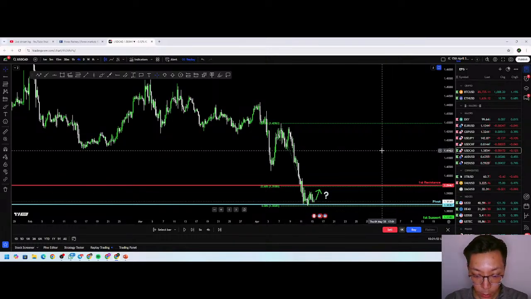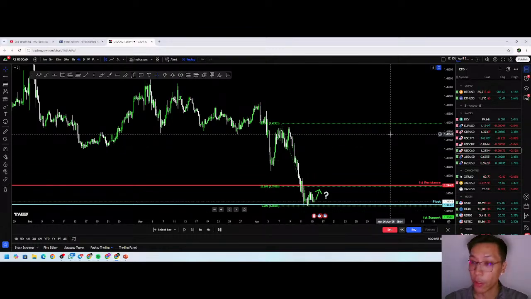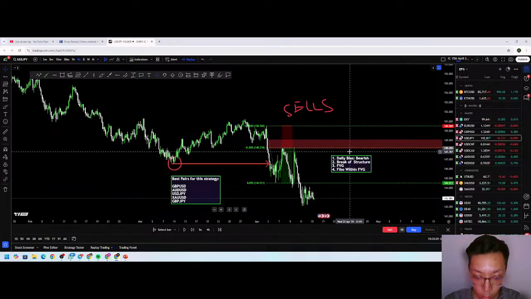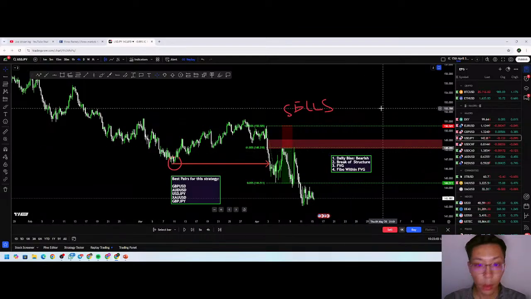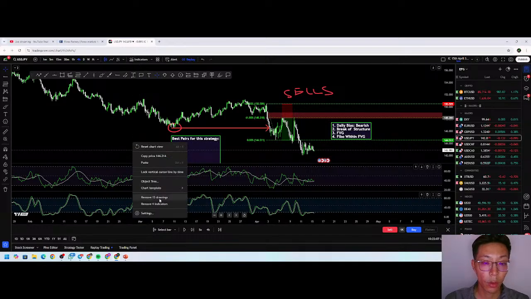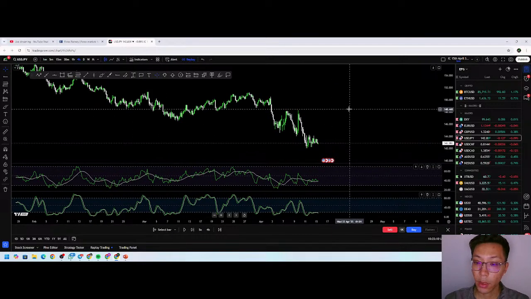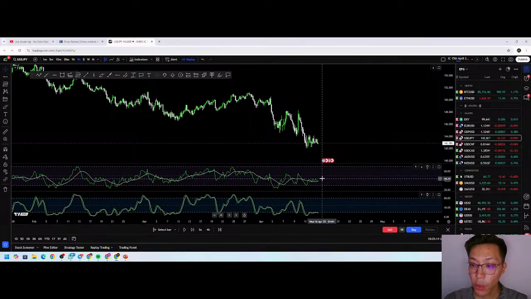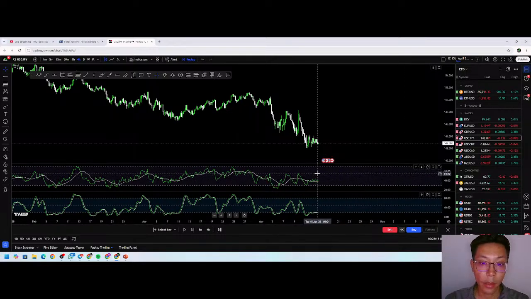Suppose its value of RSI is 50, then is bearish. Okay, let me show you an example. Not necessarily, right? Let me just clear this. This is the RSI. Usually for RSI, what we are looking at is 70 and 30.